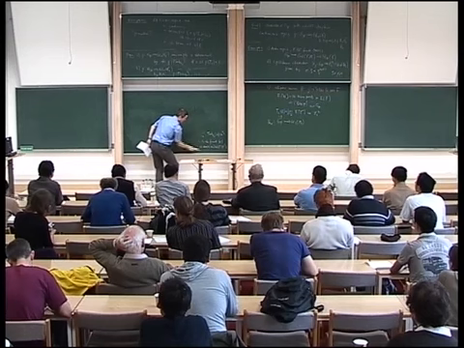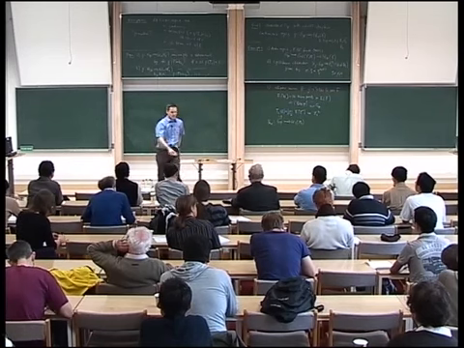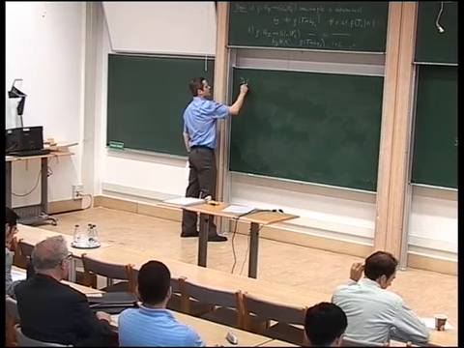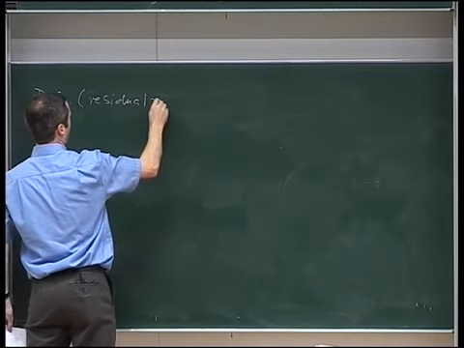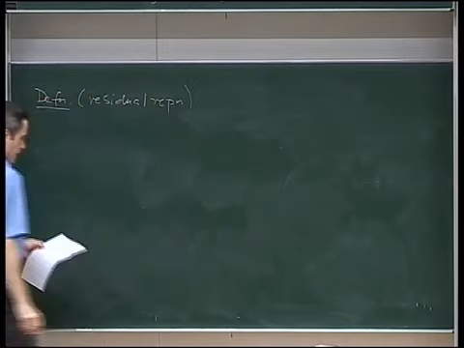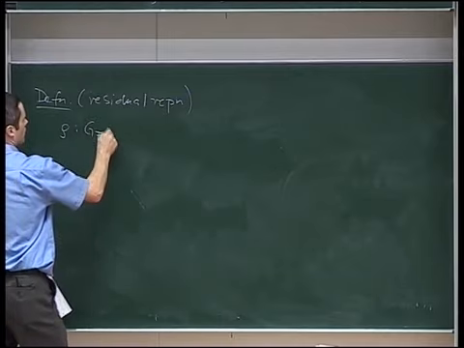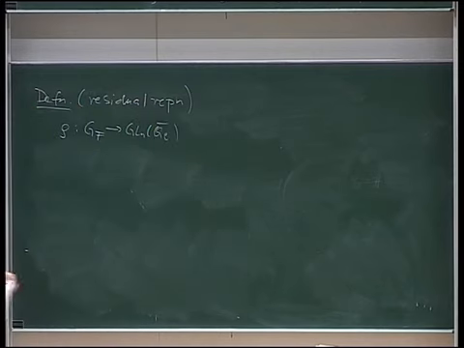Okay, so this proposition allows us to make the following definition. Given an L-adic representation, because of the compactness of the absolute Galois group, one can find an integral lattice.